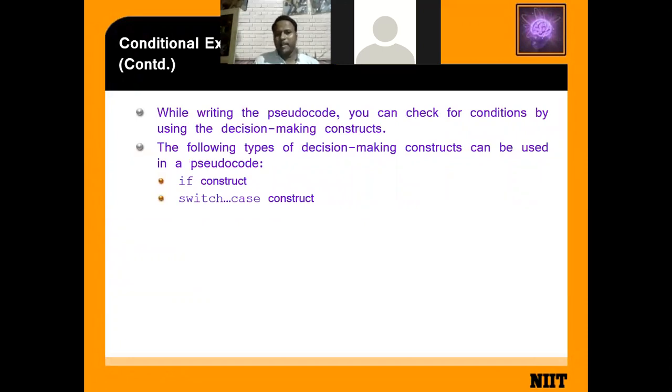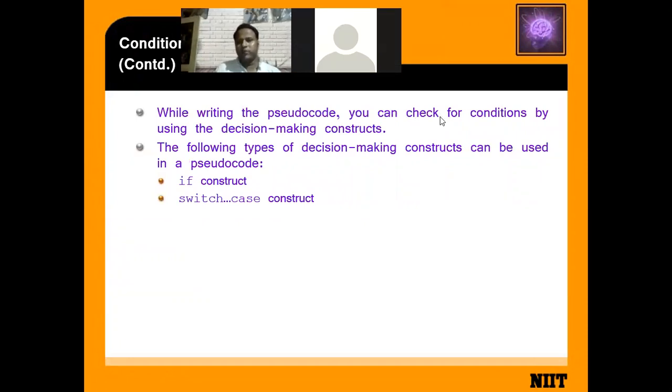Okay, so while writing a pseudocode, you can check for a condition by using a decision making construct. So what are the decision making constructs we're using? One is the if construct, another is the switch case construct. These are the two constructs we are using for decision making.